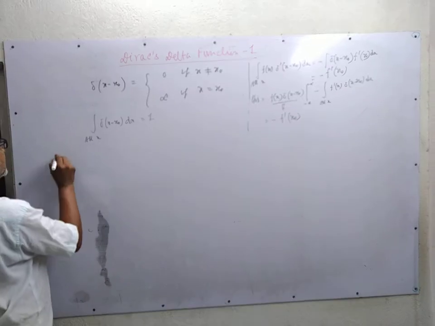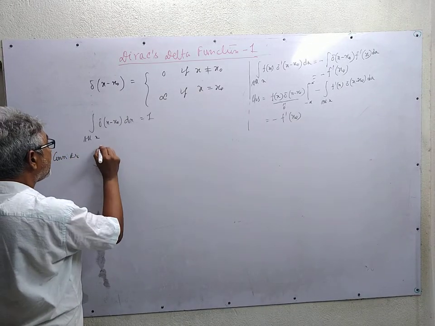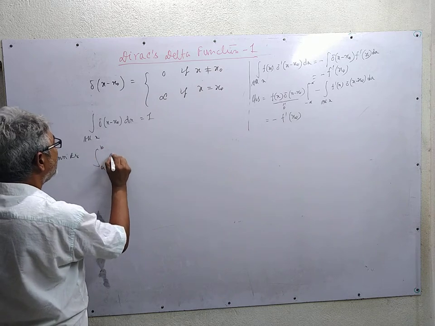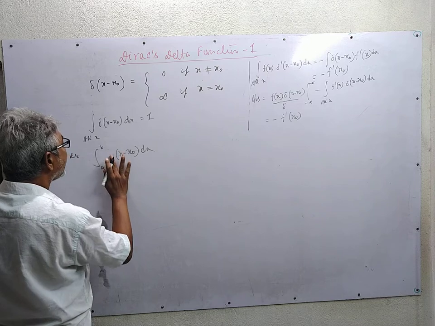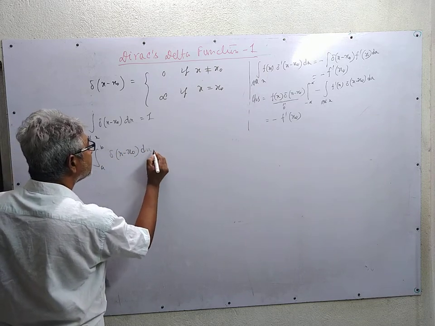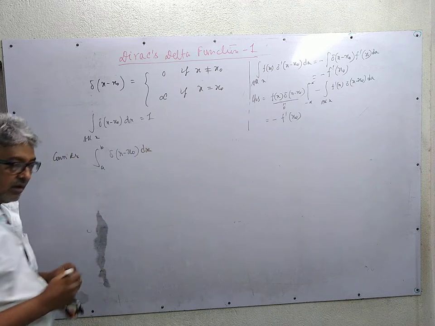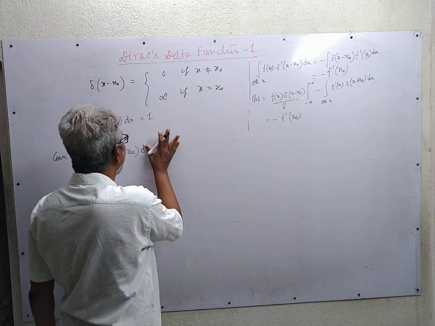consider the integration from a to b of delta of x minus x0 dx. So what will be the result? This is very important, and this result is applicable when we use the delta function over a finite range.